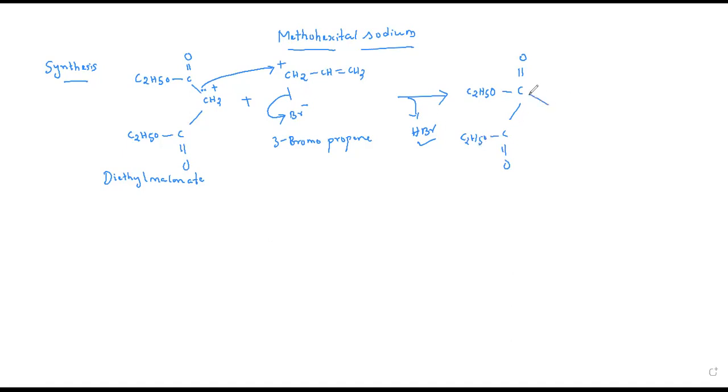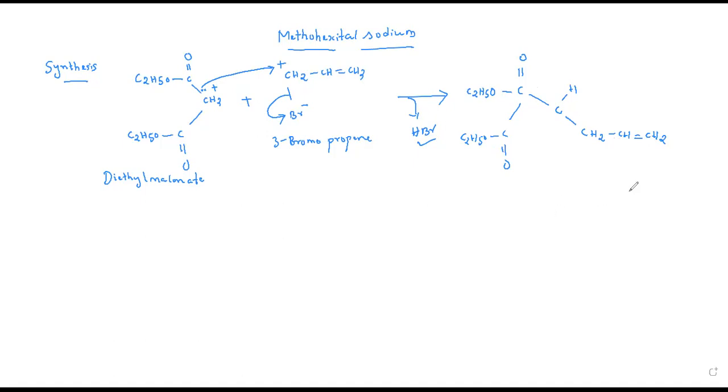And here you will get CH, this is the new sigma bond formation between this carbon and this one, CH2, CH, double bond, CH2. This group you can call the allyl group. So this is one intermediate compound you got here.